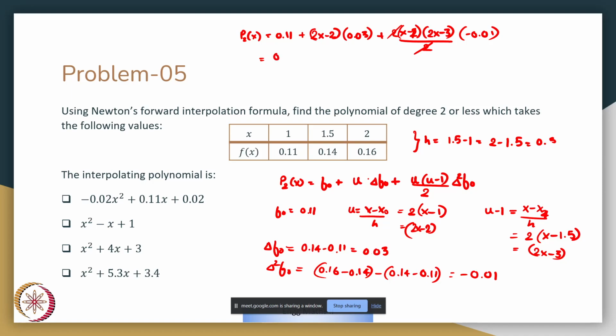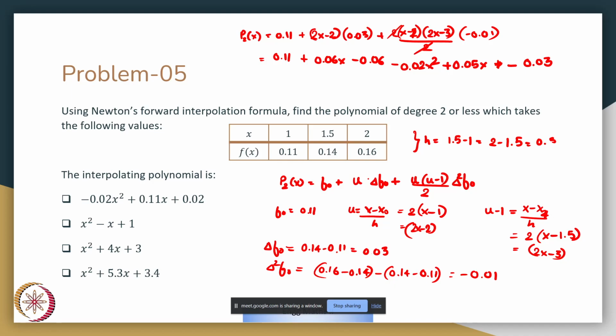So this is 0.11 plus 0.06x minus 0.06 minus 0.02x square, plus the constant terms, which give minus 0.05x and 0.03.